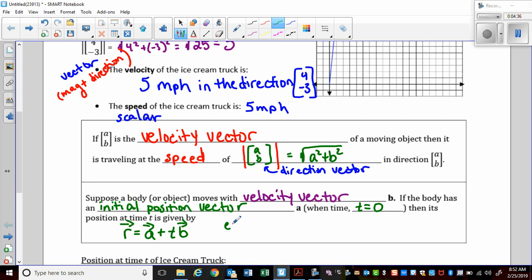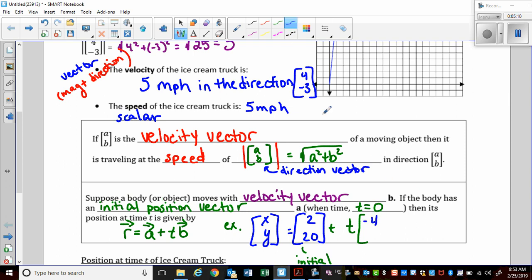Let's do an example. Let's just write an example here. Our (x, y) is equal to our initial point, let's just say (2, 2) for this case. Remember, this is our initial. Plus t times our direction, which is <4, -3>.